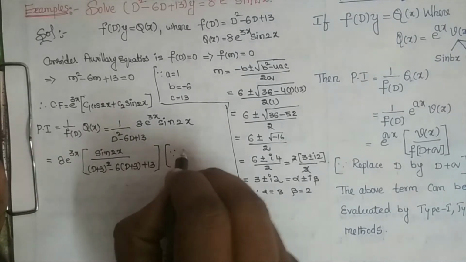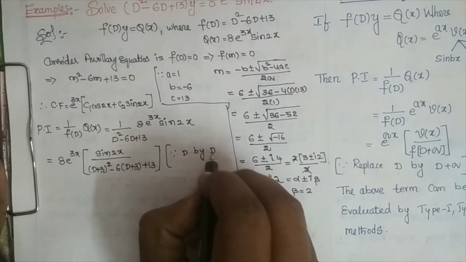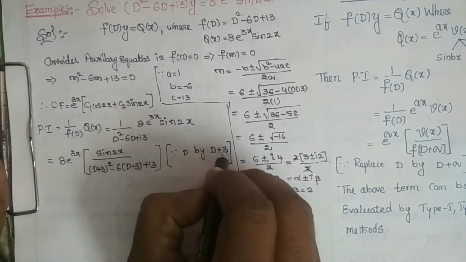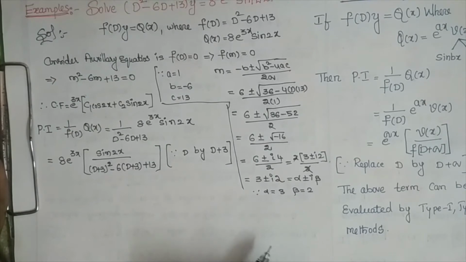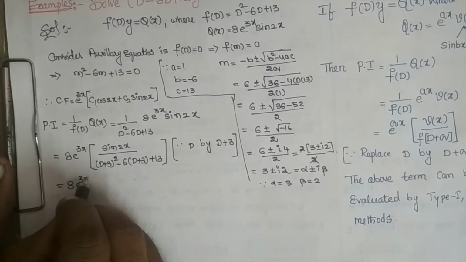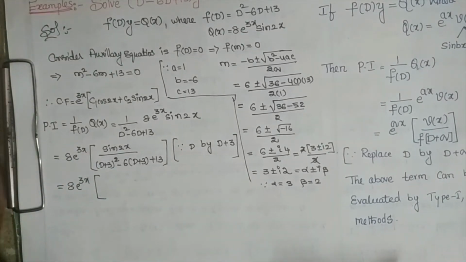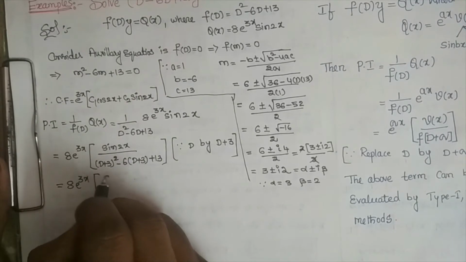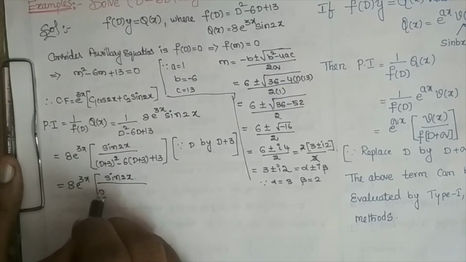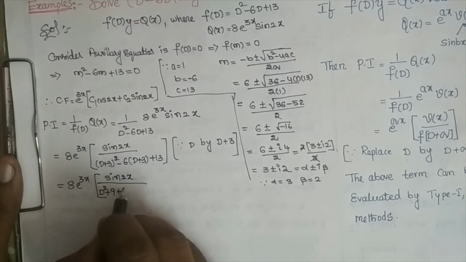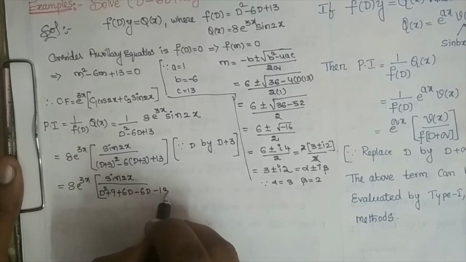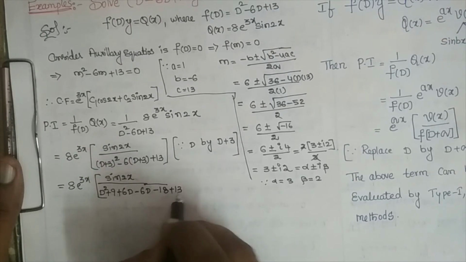So what we are doing here is replacing D by D plus 3, originally D by D plus a, where a is 3 here. Then let us simplify this. 8 into e power 3x sin 2x by D square plus 9 plus 6D, minus 6D minus 18 plus 13.